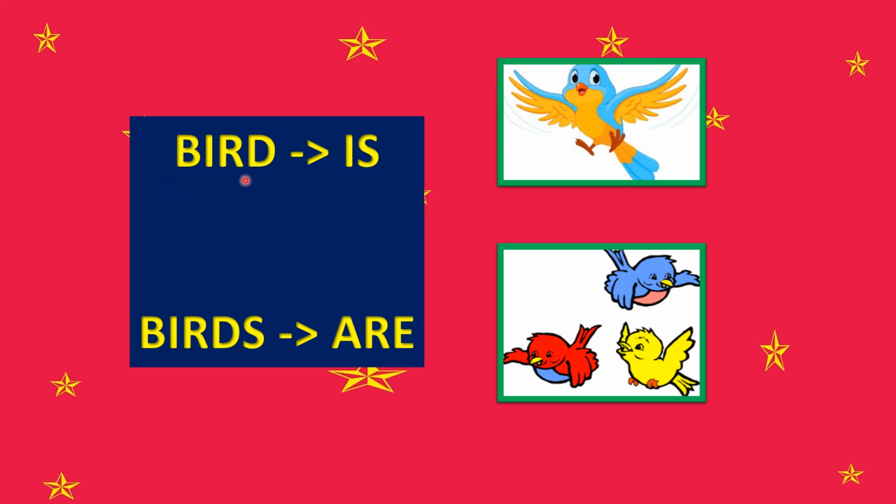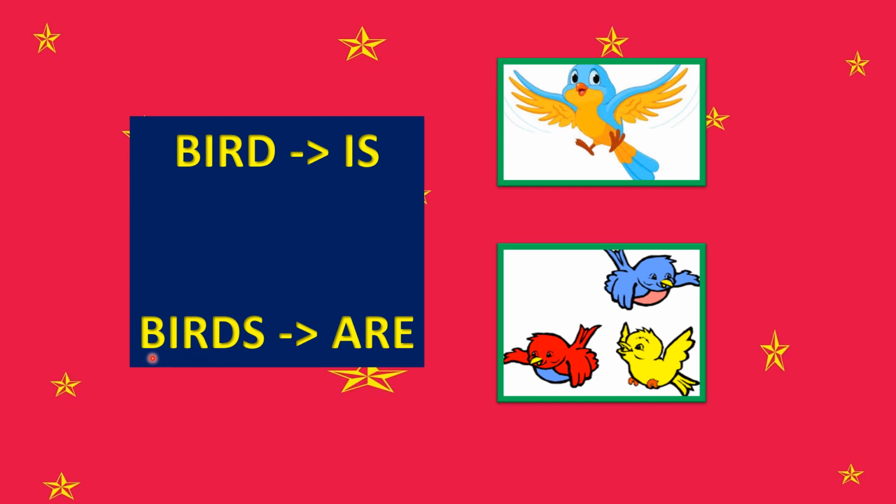When only one person, animal or a thing with no S, then we will use I-S, is. Why? Because only one. Next, when a word is a person, animal or a thing, okay?